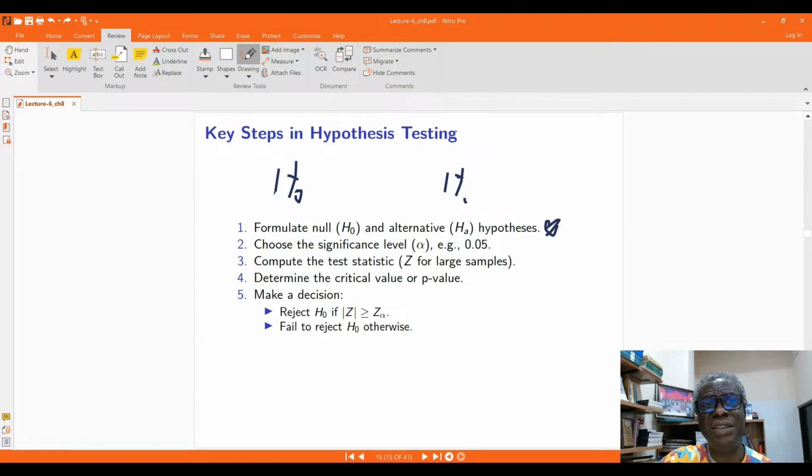And in step 5, that is where the decision is now taken.